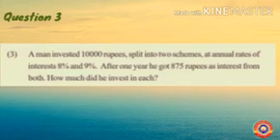After 1 year, he got interest as 875. We have to find the amount he invested in each scheme. Let the amounts invested in the 2 schemes be x and y. So, x plus y equal to 10,000.